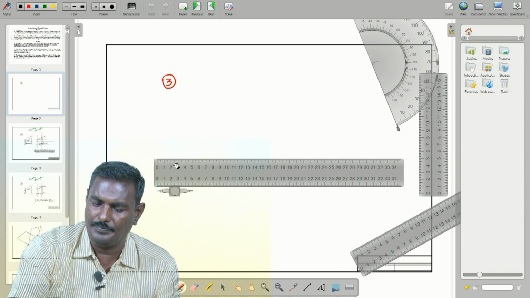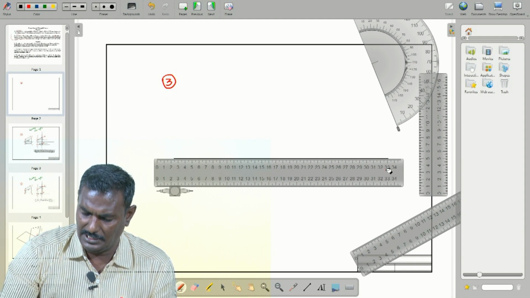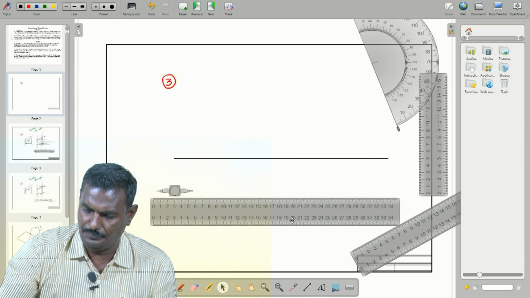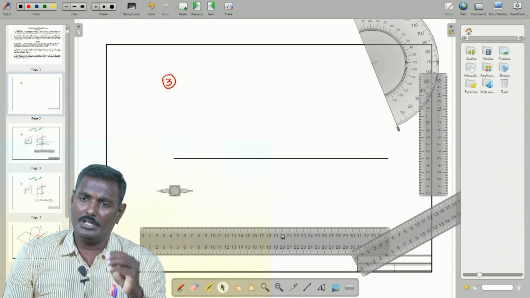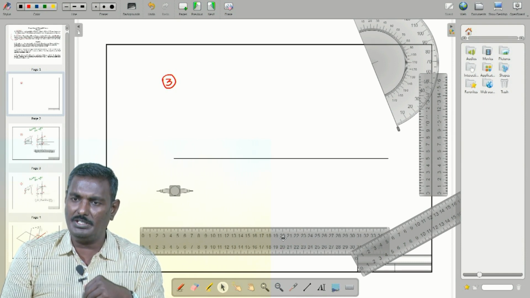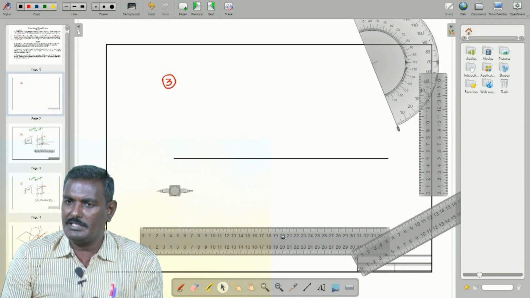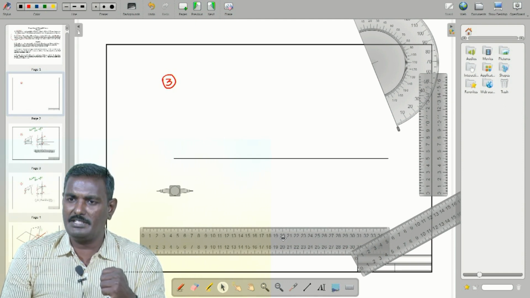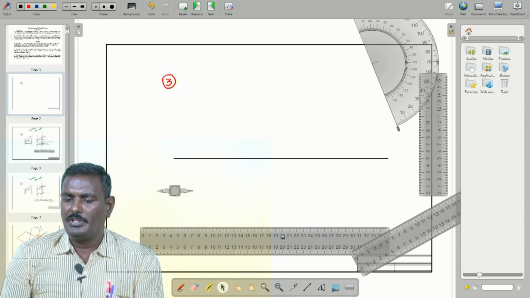Except for perspective, that is pictorial projection, the remaining projections must follow the reference line, that is the intersection of the planes HP and vertical plane. So this is how to start.